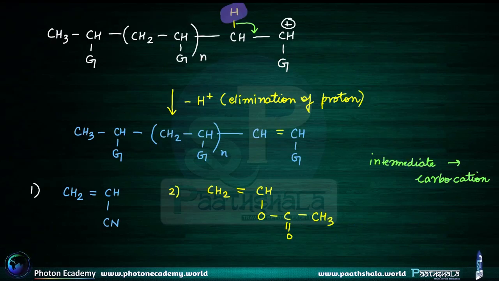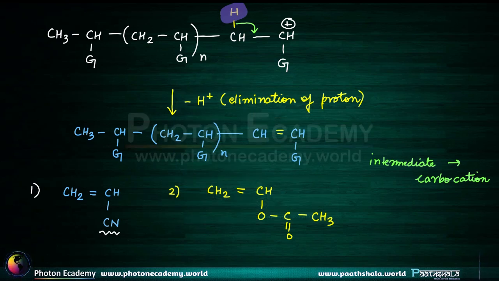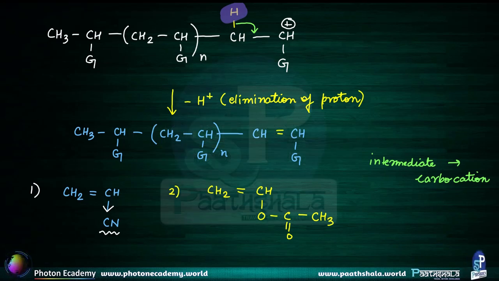Now if we see this group, if CN is the group attached, we know CN is an electron withdrawing group, and therefore it will decrease further the number of electrons and will increase the positive charge, in turn destabilizing our intermediate. So we don't want this. The reaction will not be favorable if this is the monomer.